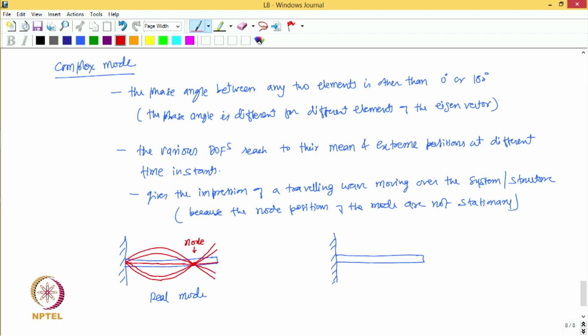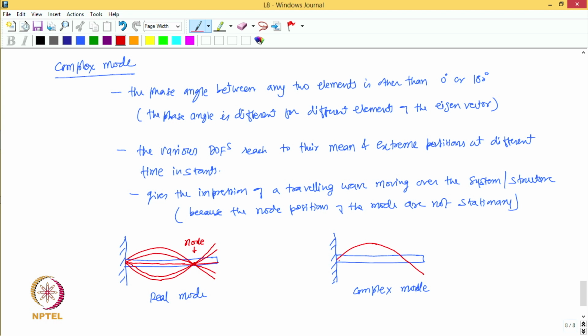However, if we look at a complex mode, if the mode of this cantilever beam is complex due to non-proportional damping, then the plot of mode shape may look something like this. Okay.